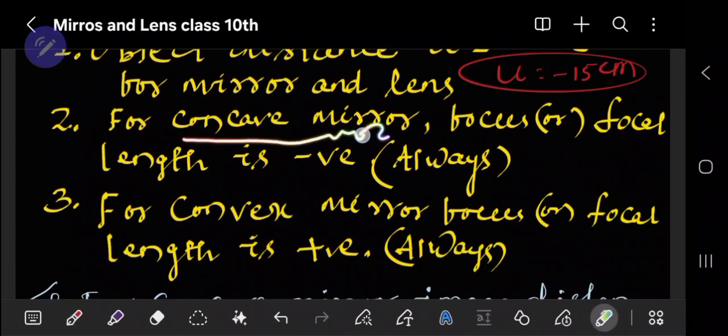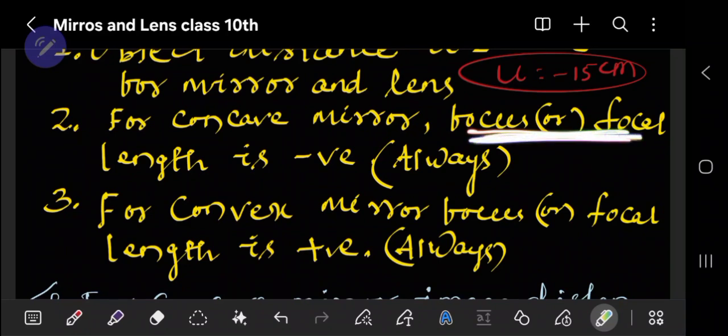For concave mirror, the focus or focal length is negative. If you are dealing with any question related to concave mirror or converging mirror, because both are the same, then the object distance is negative as usual, and at the same time the focal length is also negative. I keep constantly highlighting this word.